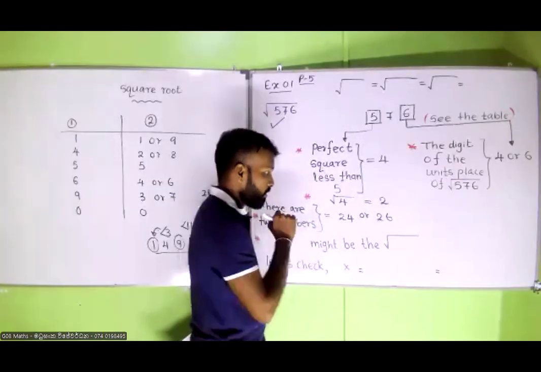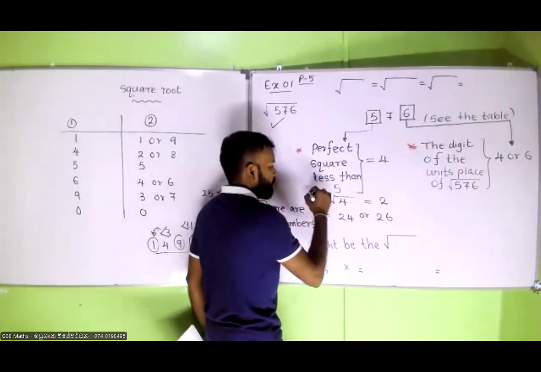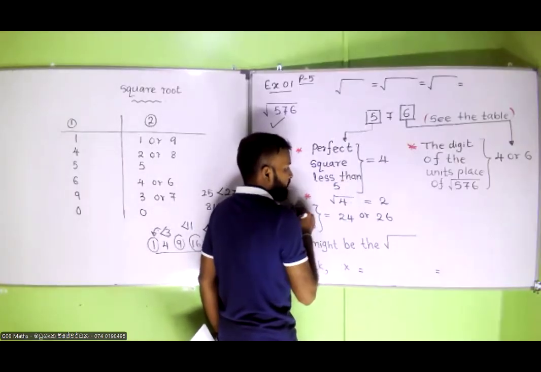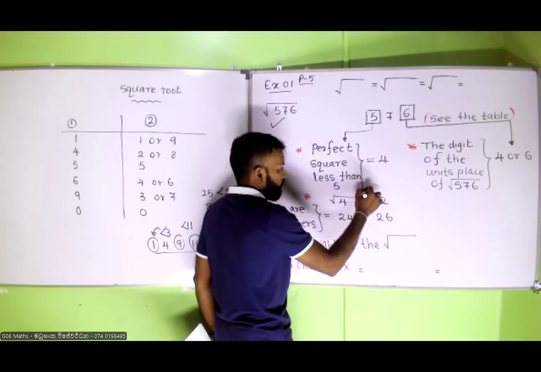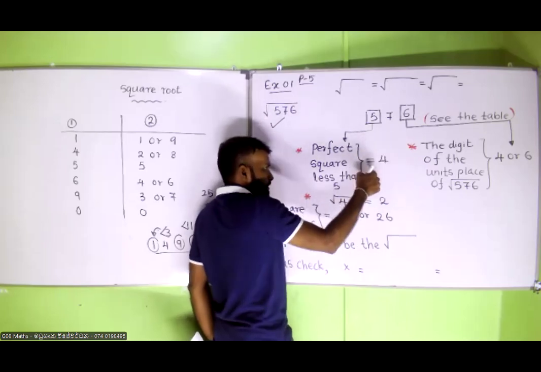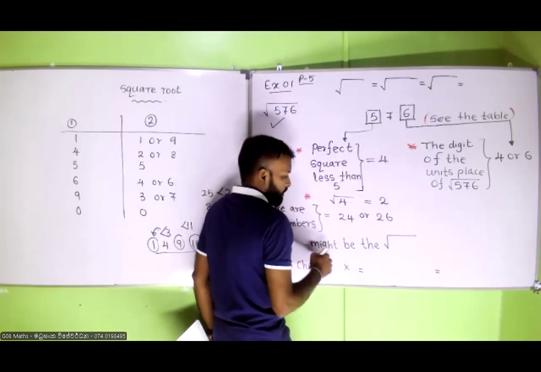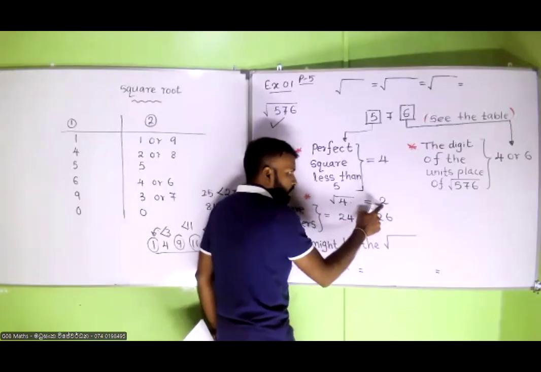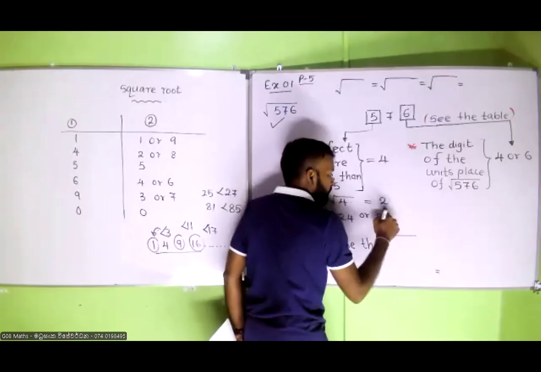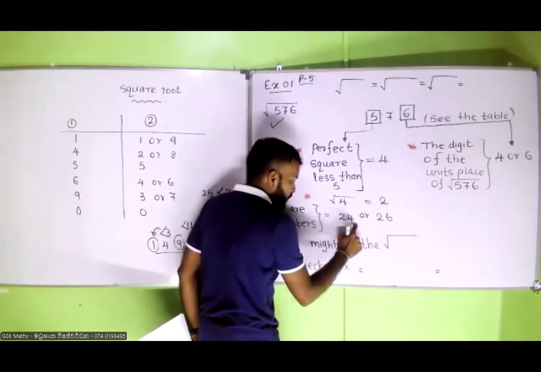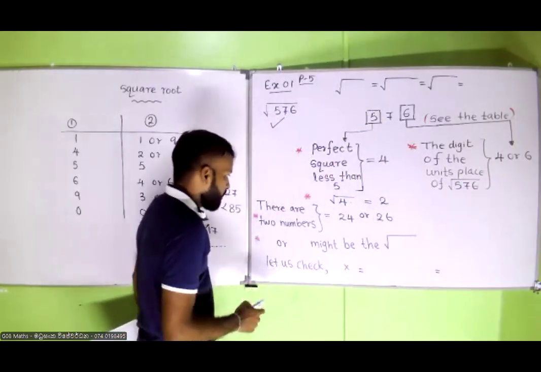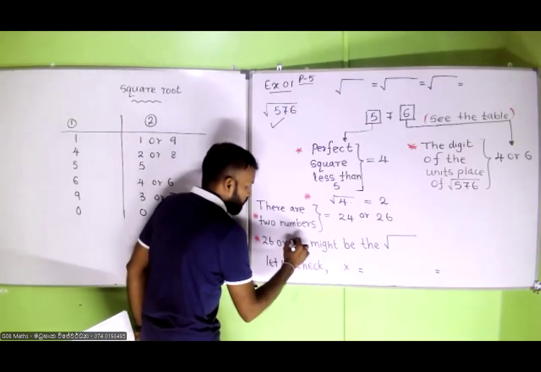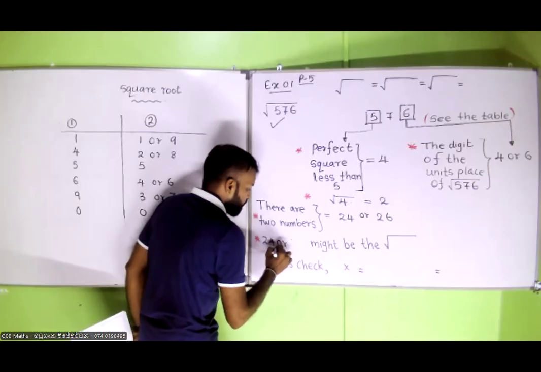The next step is to take the square root of the number less than 5, and the square root is 2. So the two numbers will be 24 and 26. Now I have 24 or 26.